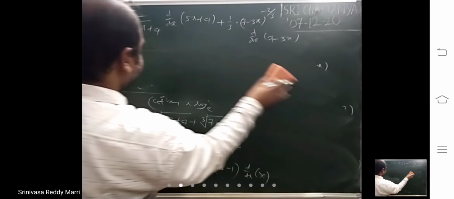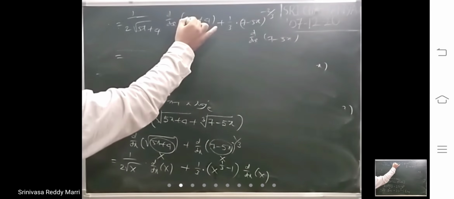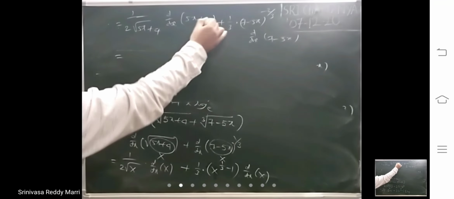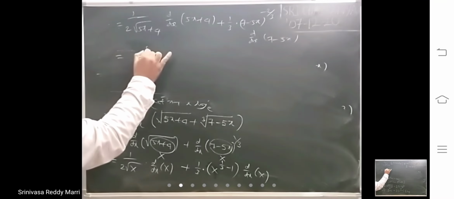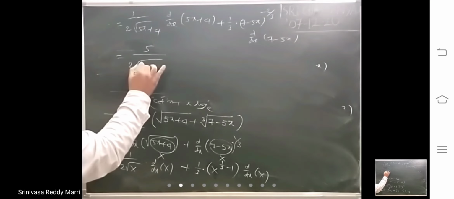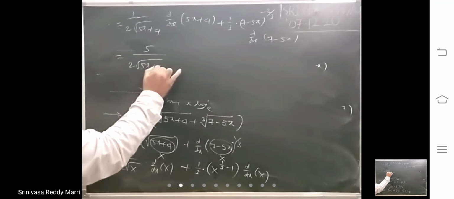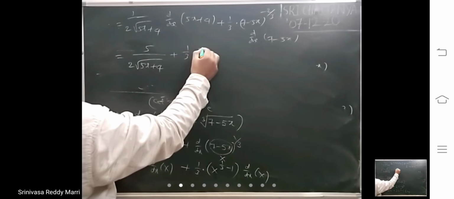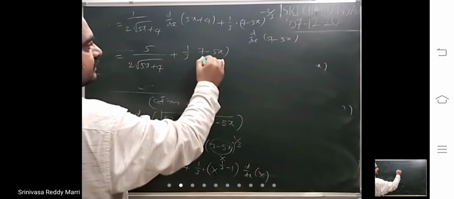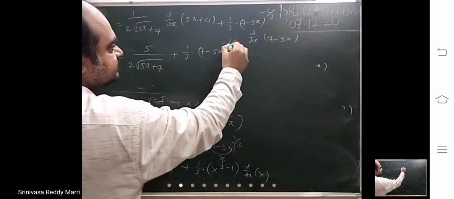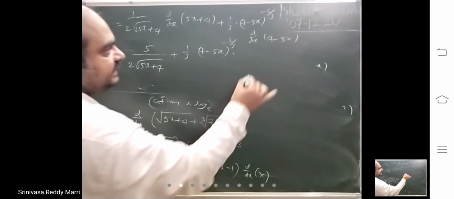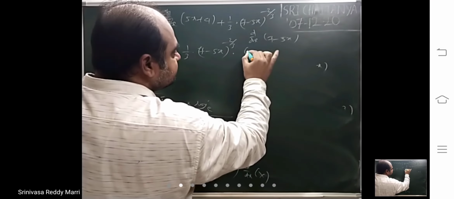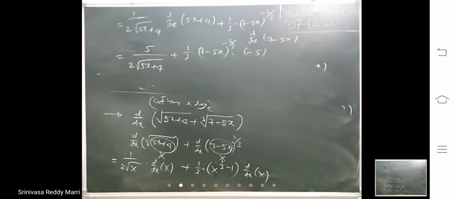Now the last step: 5 into 1, this is 0. Last step is 5 by 2 root of 5x plus 4, plus 1 by 3 into 7 minus 5x whole power minus 2 by 3. Derivative of constant is 0 and minus 5x is minus 5. This is the answer. Like that.